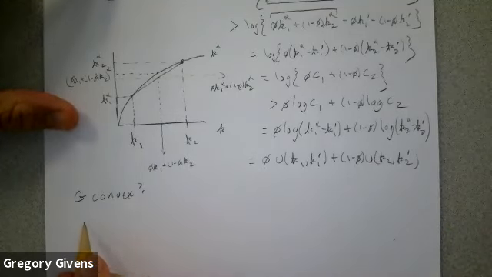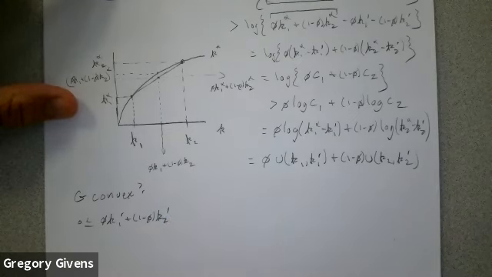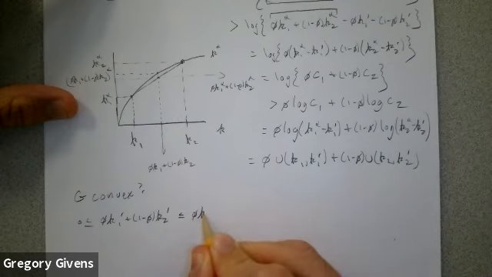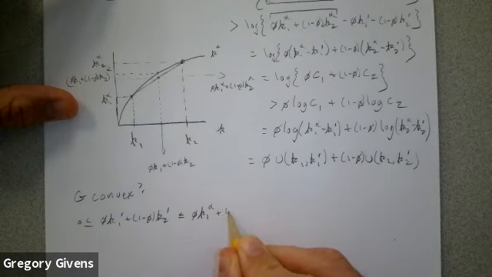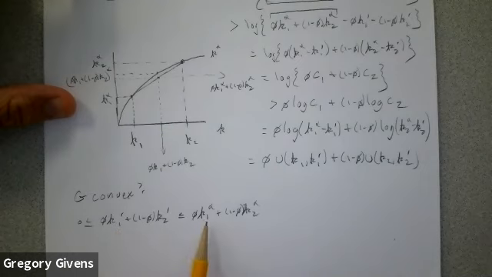Well, first off, because K can never be negative, we know that 0 has to be less than or equal to phi K1 prime plus 1 minus phi K2 prime, right? Well, that has to be less than or equal to phi K1 to the alpha plus 1 minus phi K2 to the alpha. Now, why is that? K1 prime can never exceed K1 to the alpha.